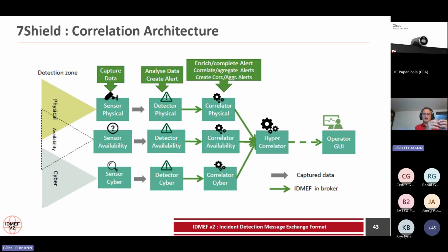So maybe the security won't see it, but the availability will see some resource consumption in the middle of the night that should not be there. That's a simple example, but it shows that with correlation, the more information, the more complex stuff you can detect, and the more detectors you put in the way of the people trying to enter.